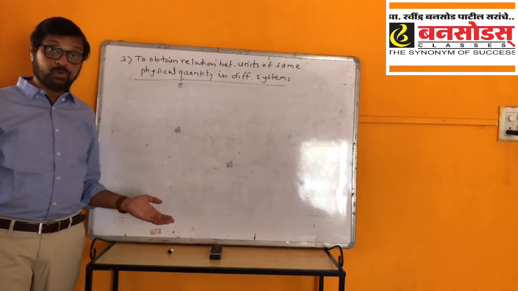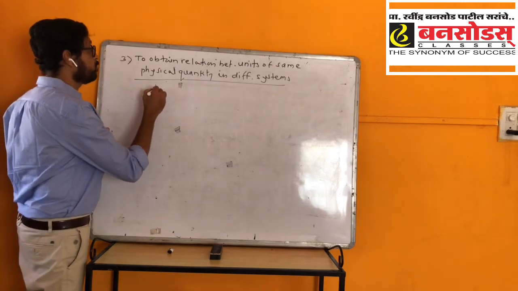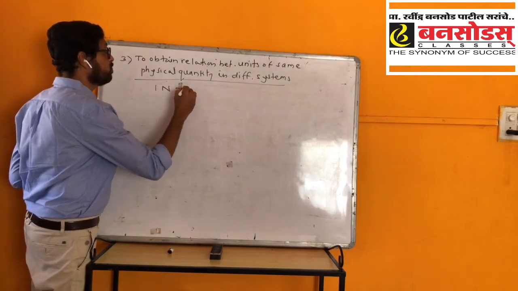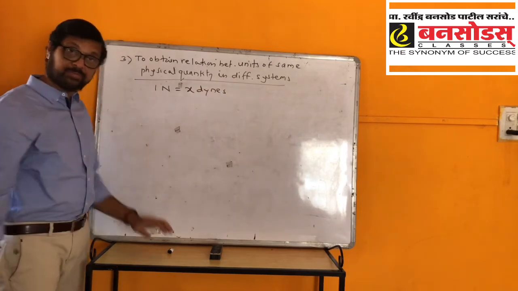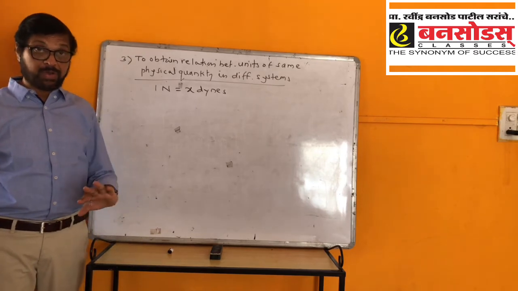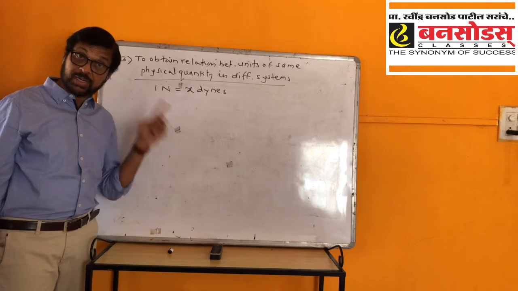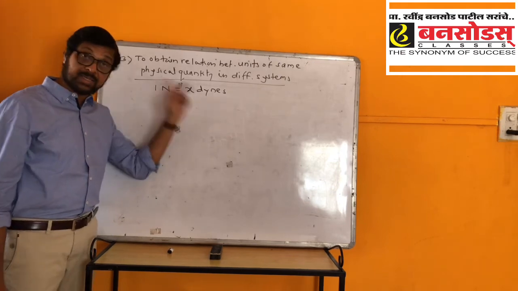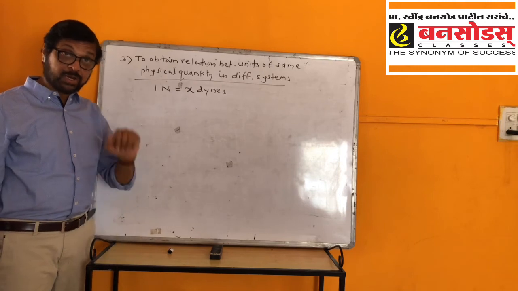So we don't know 1 Newton is equal to how many dynes. So we can say that 1 Newton is equal to x dynes. Okay, 1 Newton is equal to x dynes. We have to find the relation between Newton and dyne, units of the same physical quantity force in two different systems. So 1 Newton is equal to x dynes means what you are going to find out?